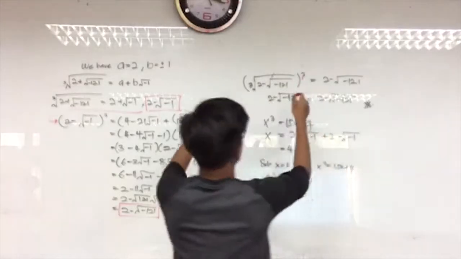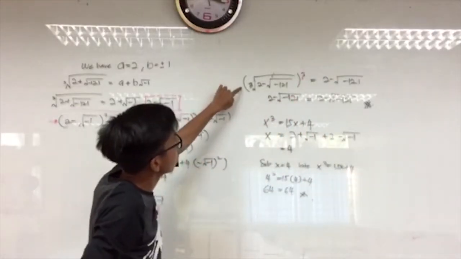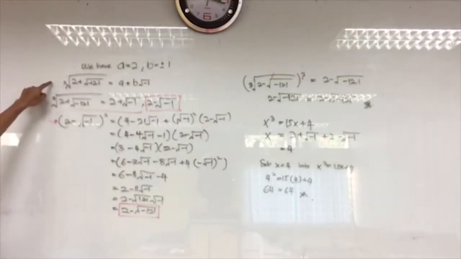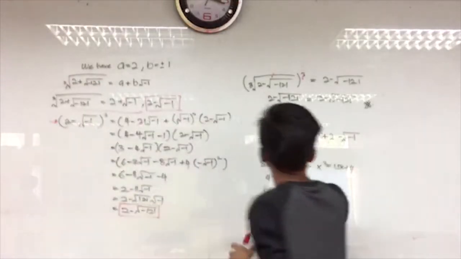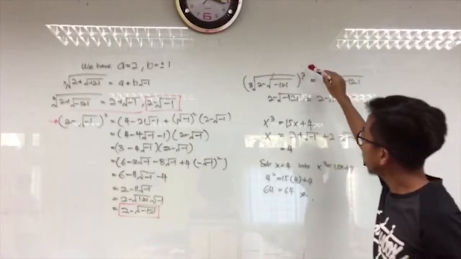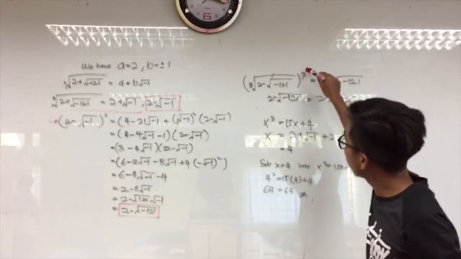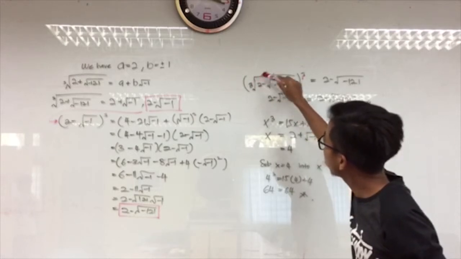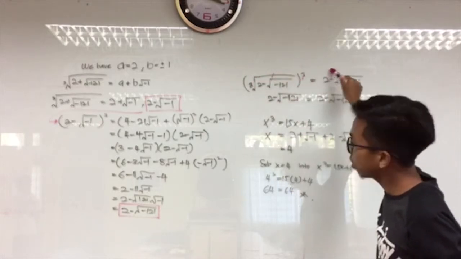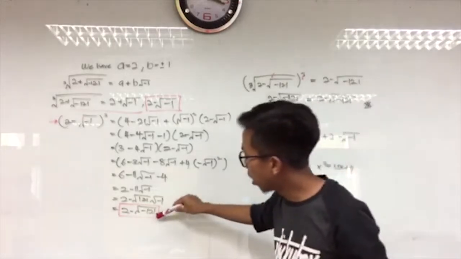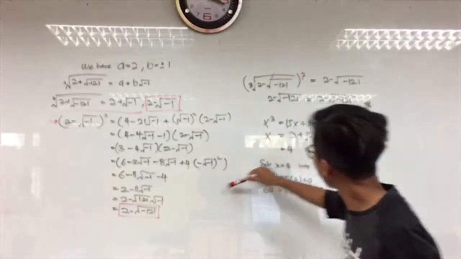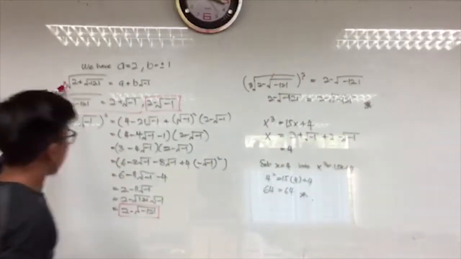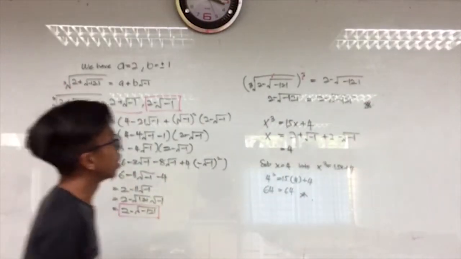I take this from the original equation and multiply it by the power of 3, so we cancel the cube root, and this is from our previous value. So we can prove that this equation and this value are equal.